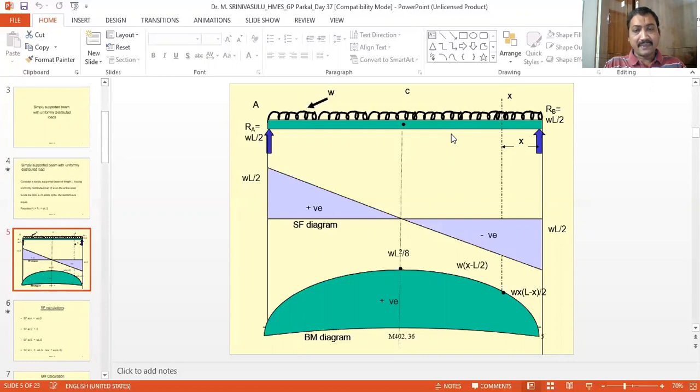In the previous case of the SS beam carrying a central point load of W, R_A is equal to W by 2 and R_B is also W by 2, because the total load acting on the beam is shared equally by the two supports, as it has been loaded symmetrically with the point load.